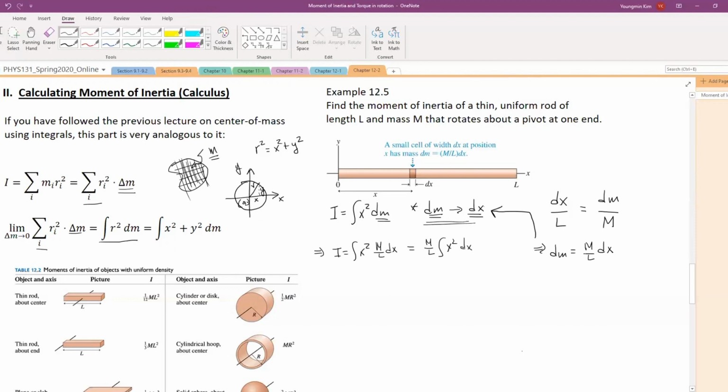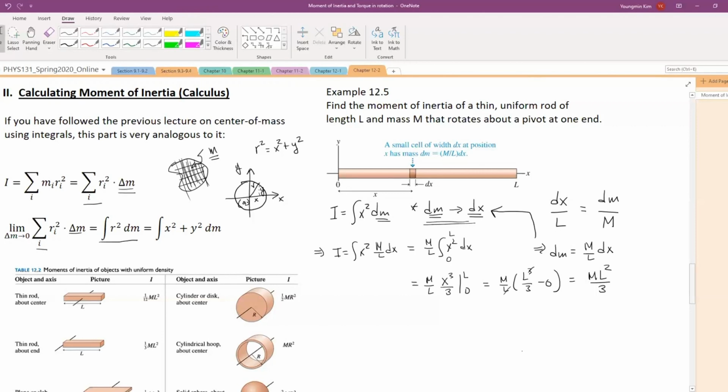This becomes a definite integral because I'm integrating from one end to the other, so it goes from 0 to L. The integral of x squared dx is x cubed divided by 3, evaluated from 0 to L. That is m over L times L cubed over 3 minus 0. One of the L's cancels, giving mL squared over 3. That is the moment of inertia of this rod when it pivots about one end.